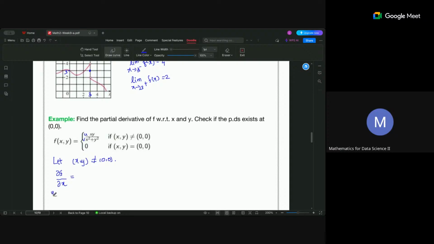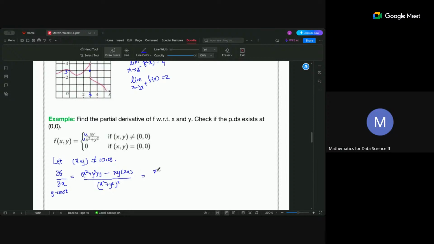Remember here y is a constant. So (x squared plus y squared) times y minus xy times 2x, divided by (x squared plus y squared) the whole square.